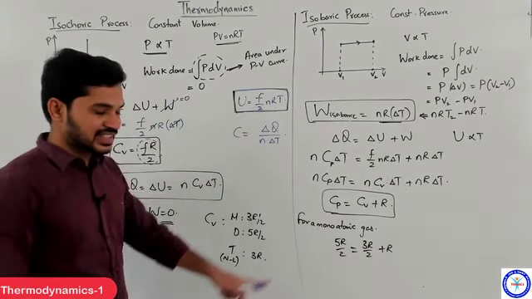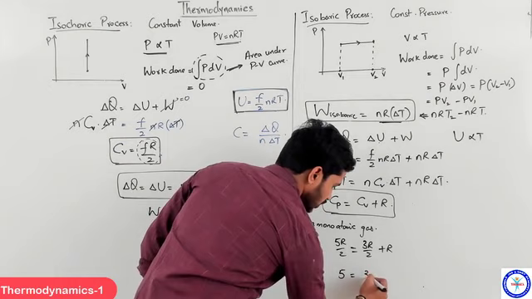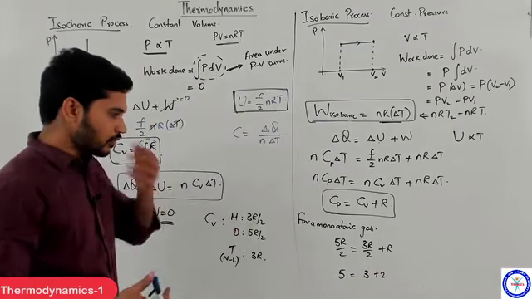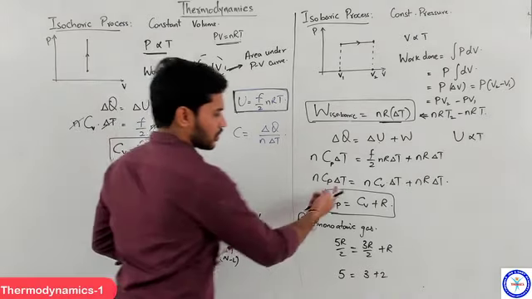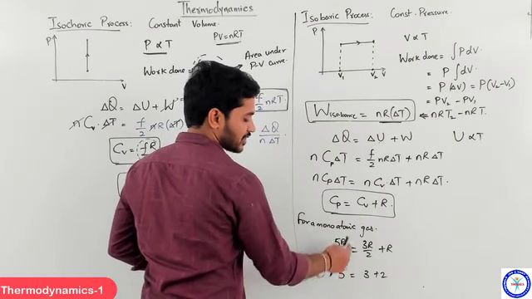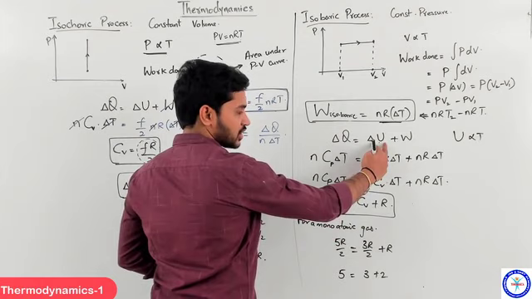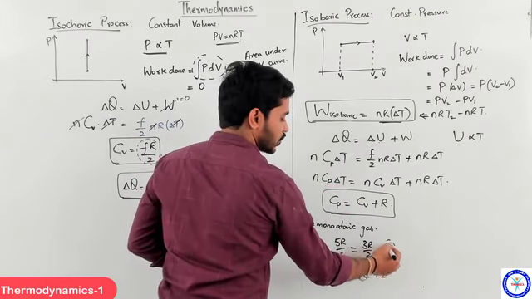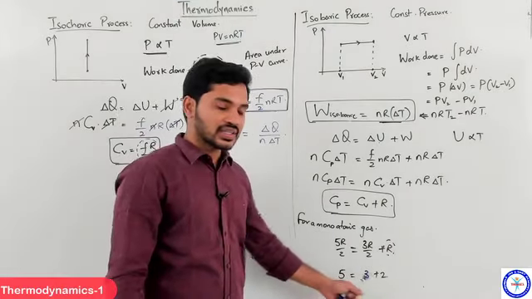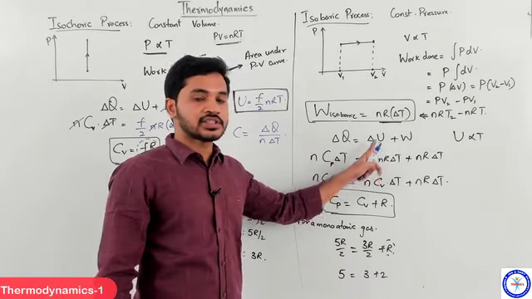Now when you look at these three terms, they are in the ratio of 5 is equal to 3 plus 2, which means 5 is to 3 is to 2, right? So you know that when I multiply this with n delta T, I'll get the heat. When I multiply this with n delta T, I'll get the change in internal energy. When I multiply this with n delta T, I'll get the work done. So whatever values that we have here are the indicators of heat supplied, change in internal energy and work done.